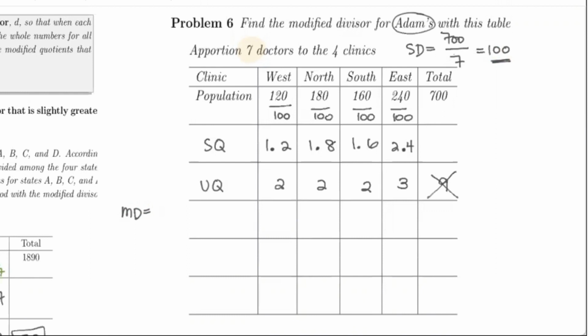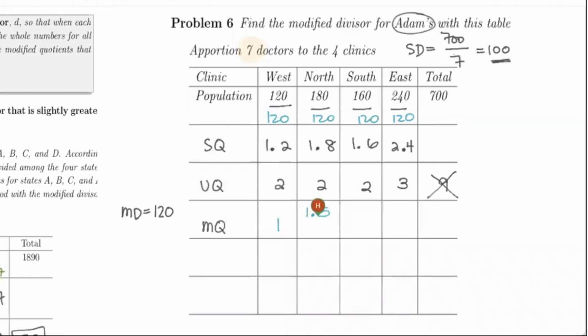Let's try 120. Make it really big. Try 120 and the modified quota. I want to divide everybody by 120. So here it's 1. 180 over 120, I have 1.5.